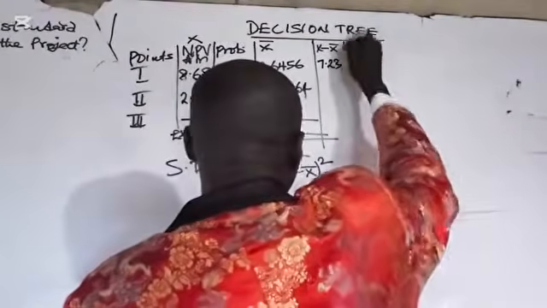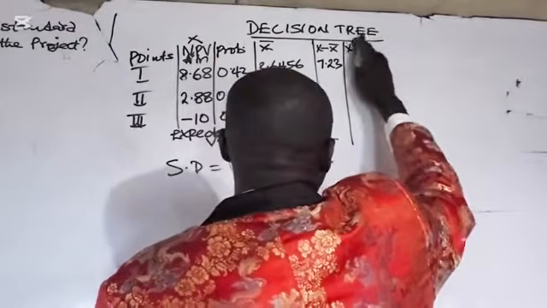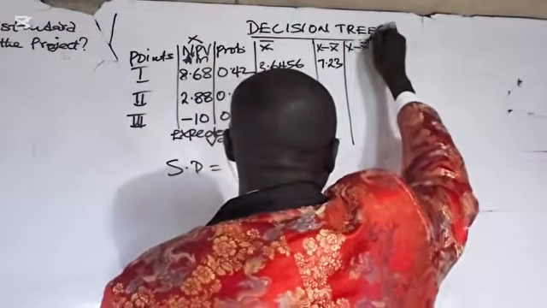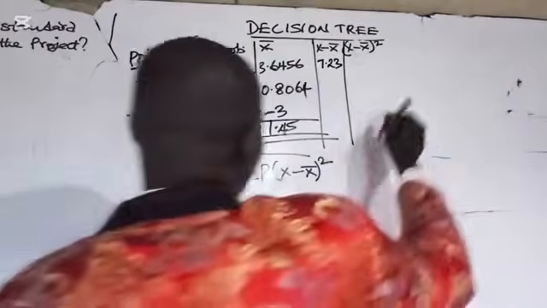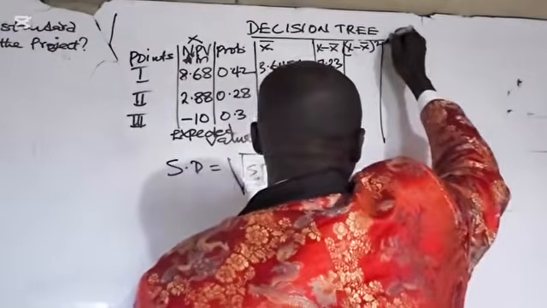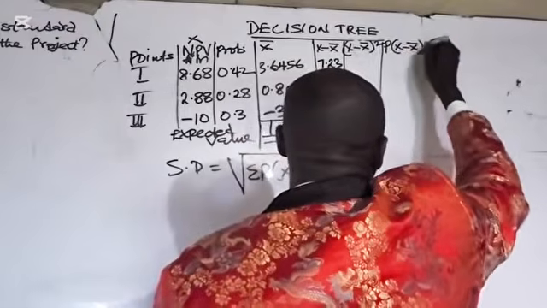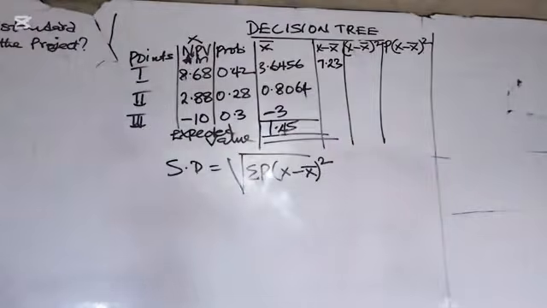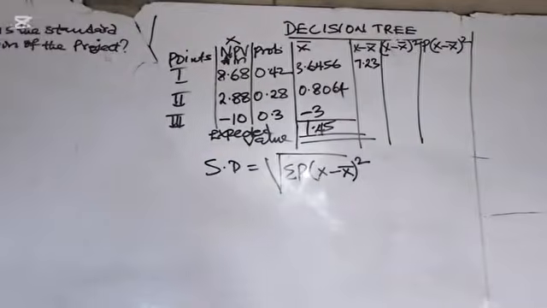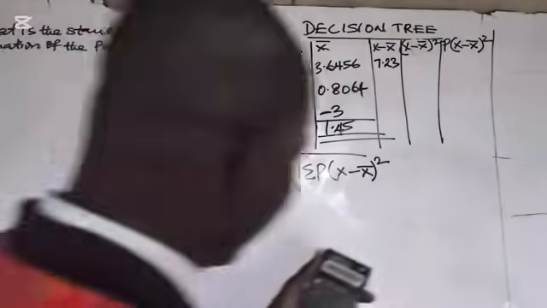By virtue of this formula, you will need (x minus x bar) squared. So let's create that column: x minus x bar squared. And you will also need to multiply by the probability, so probability times (x minus x bar) squared. This is what we need. Our x minus x bar is 7.23.